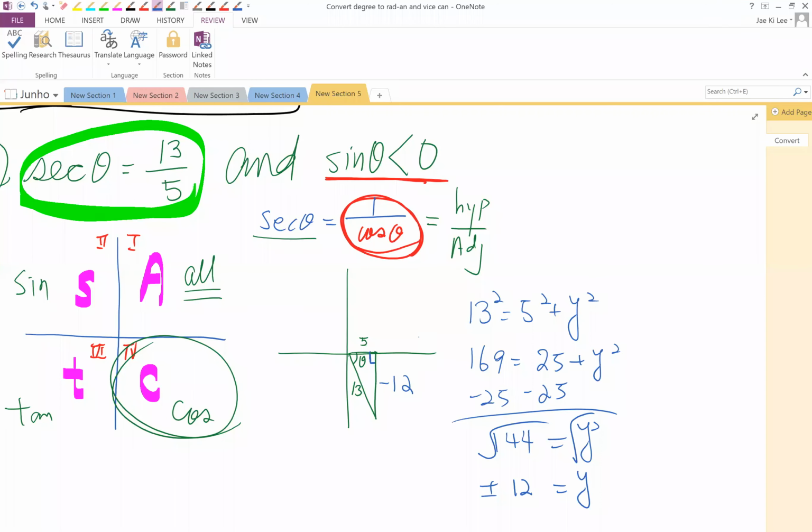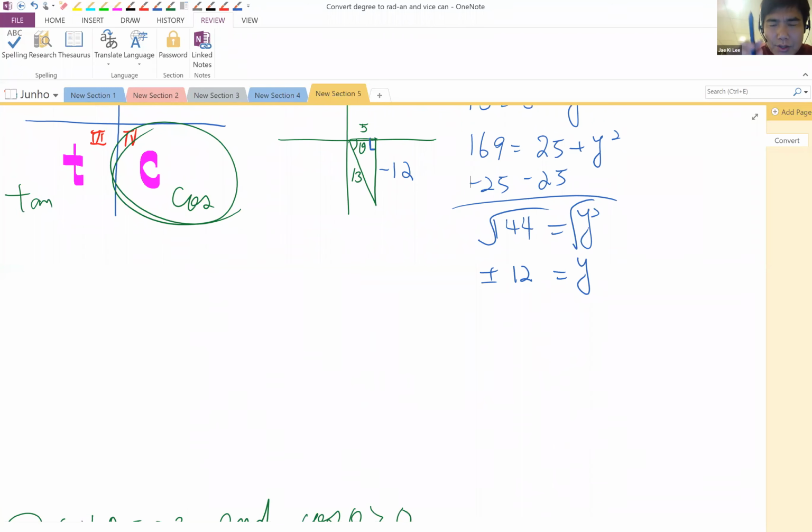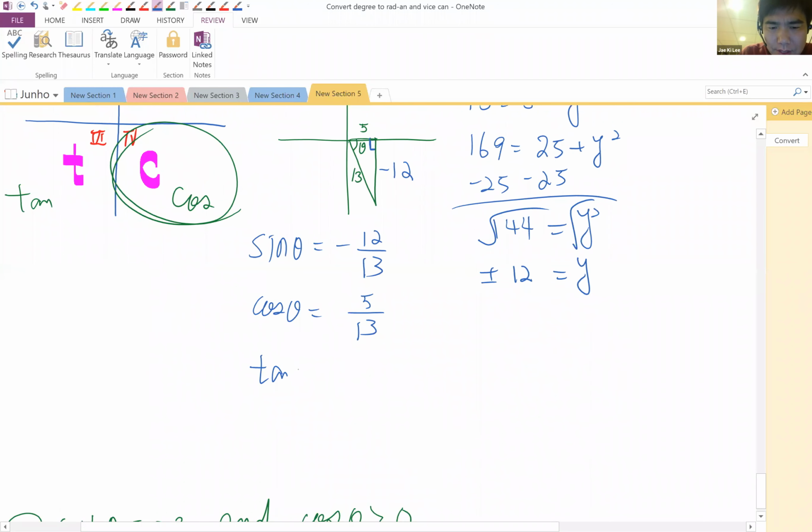Okay, so based on that, we can find the other trigonometry values. So sine theta becomes negative 12 over 13. Cosine theta becomes 5 over 13. And tangent theta equals negative 12 over 5.